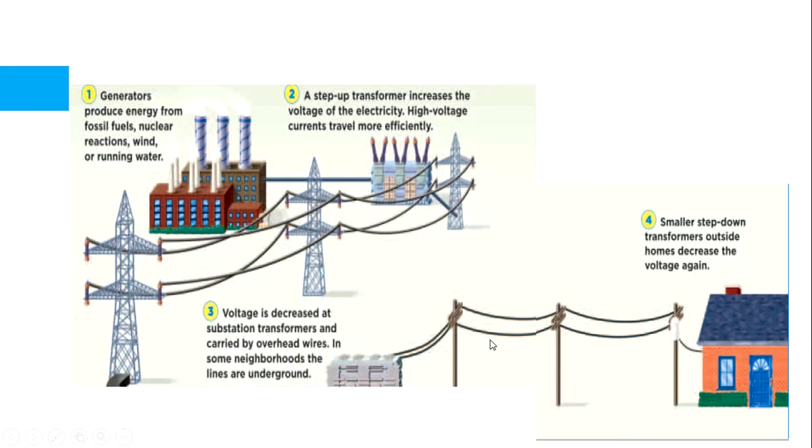In some places, in some cities, you see them outside on the surface. In some countries, in some cities, it is underground. The substations decrease the voltage, make it lesser until it reaches your home at 240 volts.